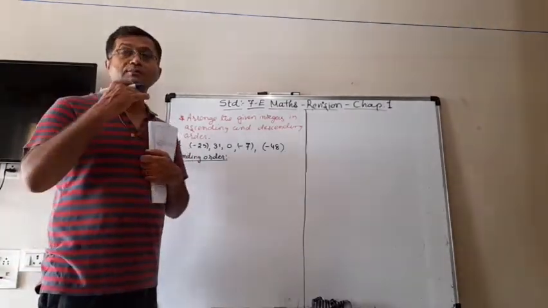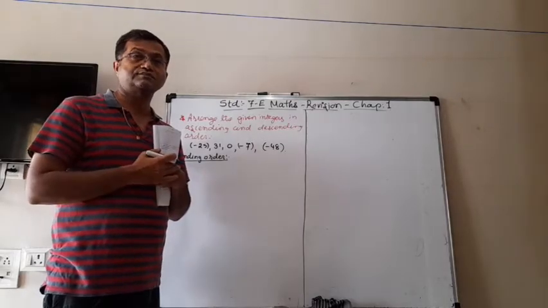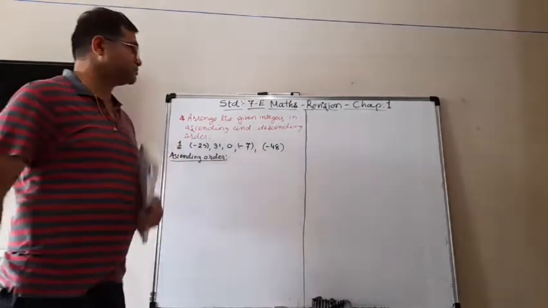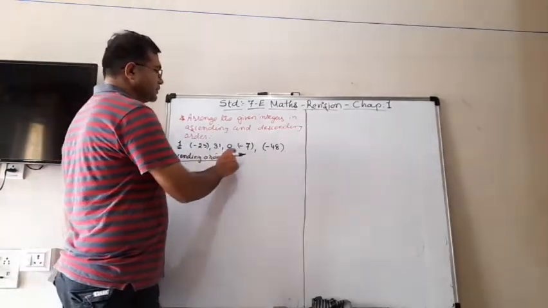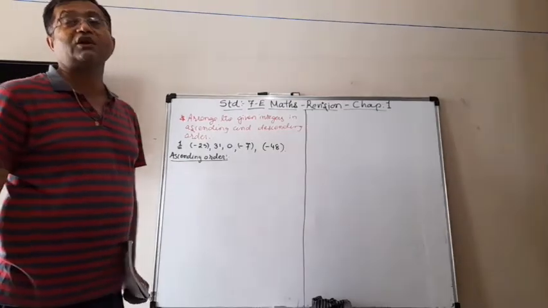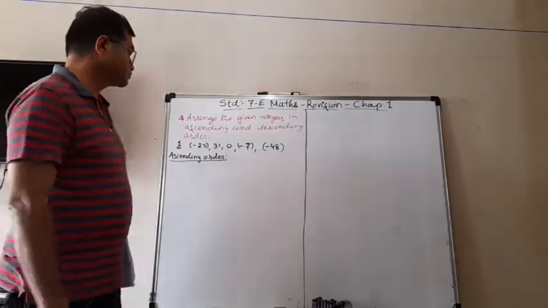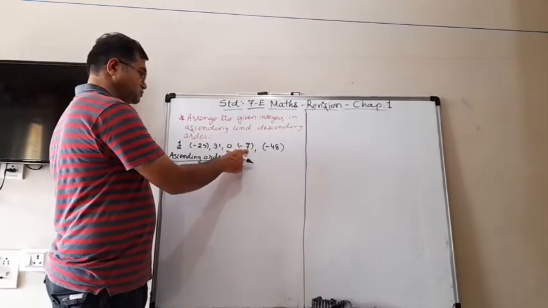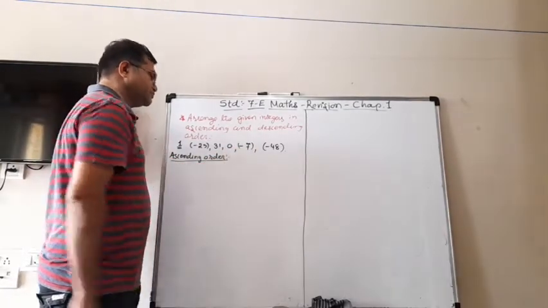Ascending order means from smallest we have to start, then greater, and then greatest. So among these numbers, which number do you think is the smallest one? 0, 7, or which one?